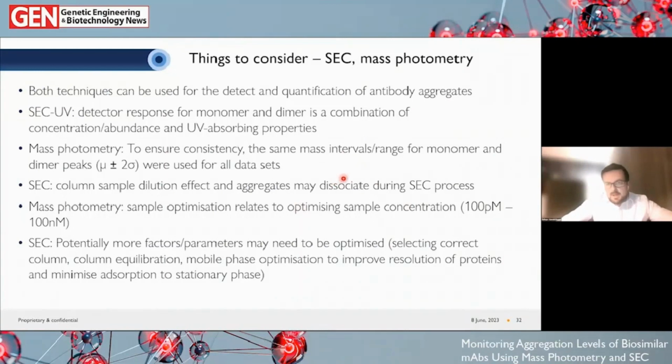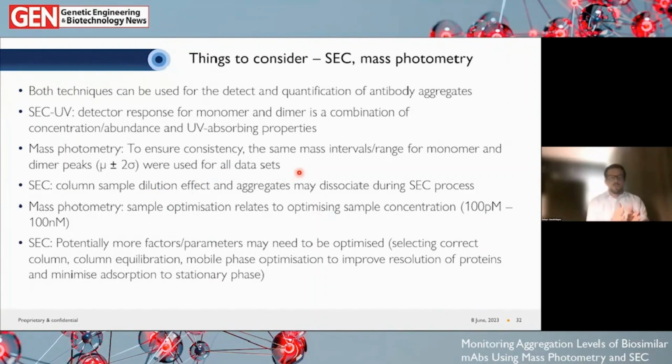So for mass photometry, it's quite important, if you're looking at several different biosimilars and comparing them to the reference product, that when you're performing the analysis you define the same mass interval range for the monomer and the dimer peaks. In this case, it was the mean plus or minus 2 sigma, so 2 standard deviations, and that was used for all data sets.